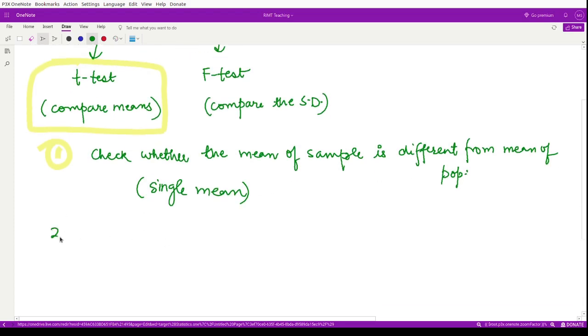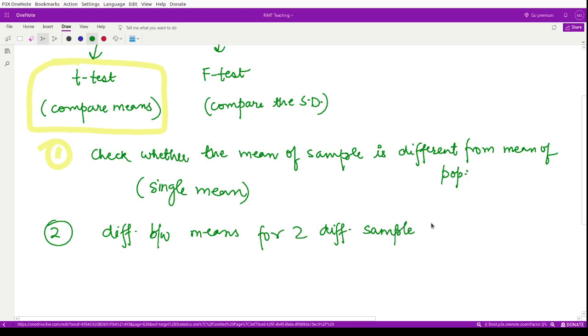In the second case, you may also check the difference between means for two different samples, right? As we have done in the z-test. And then you may check the paired t-test. So now here in the second case, when you check it for difference between mean of two samples, you may have two things.